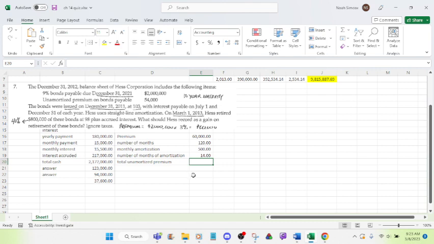So it's going to be equal to, there's 14 months, so this times this, and then 40% of unamortized premium is equal to 0.4 times this. So it should be that, right?